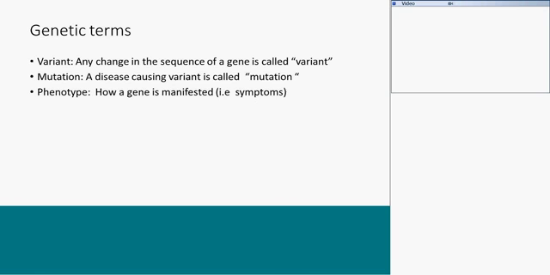A mutation is a disease-causing variant. A phenotype is how a gene is manifested, how a gene expresses itself. So if someone is short, that's a phenotype. If someone is tall, that's a phenotype. If someone has a seizure or developmental delay, that's a phenotype. You're going to hear these terms throughout the presentation, and now we understand what they mean. Next slide, please.